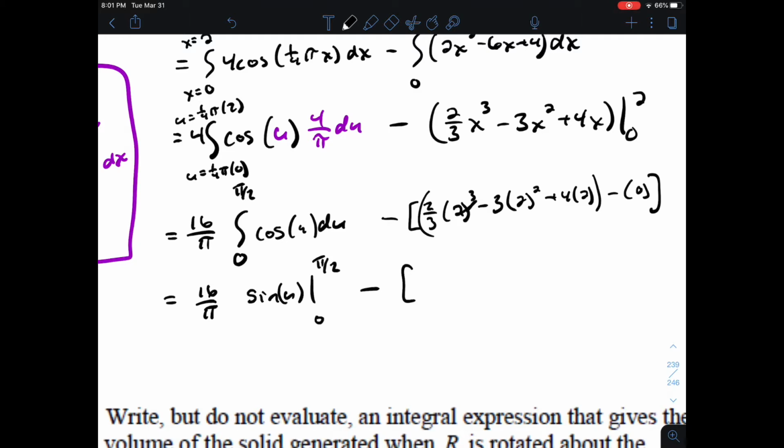2 cubed. 2 cubed is 8. 8 times 2 is 16, so this is 16 over 3. Over here we've got 2 squared, which is 4. 4 times 3 is 12. And then we've got 4 times 2, which is 8.